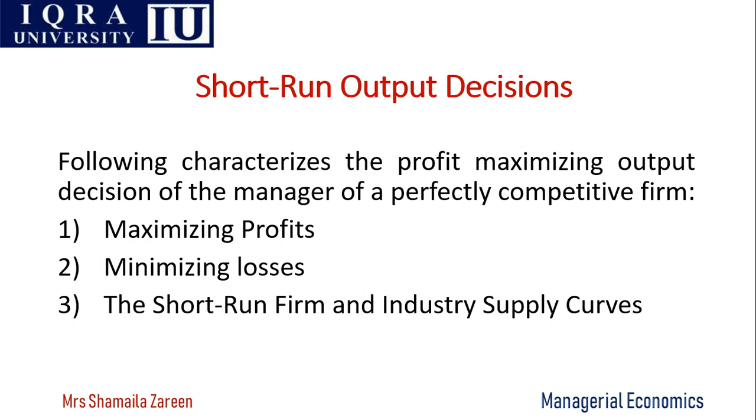Now we are concerned about the short run output decisions. In a perfectly competitive market, the firm can maximize profit, minimize losses, and they have the short run firm and industry supply curves.